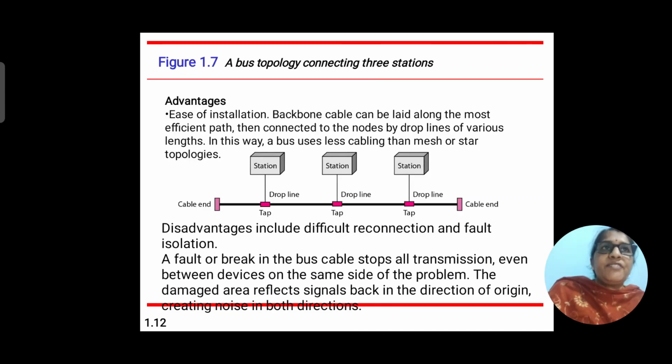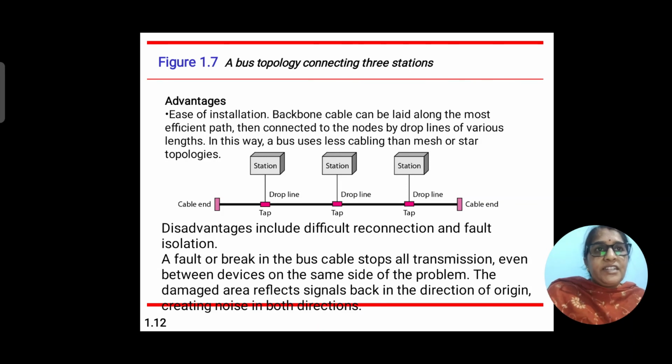The advantages of bus topology are ease of installation: the backbone cable can be laid along the most efficient path, then connected to the nodes by drop lines of various lengths. In this way, a bus uses less cable than mesh or star topology.